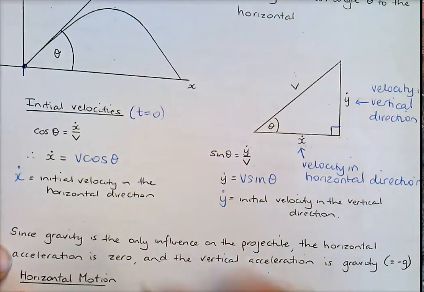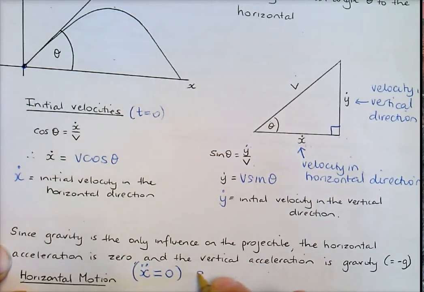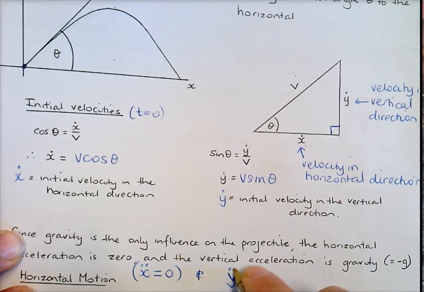So x double dot is 0. And the vertical acceleration, y double dot, is minus g.